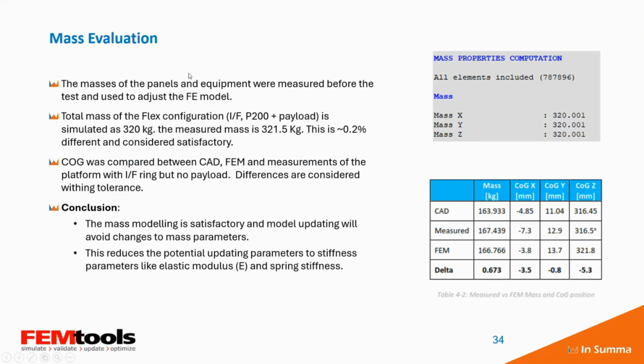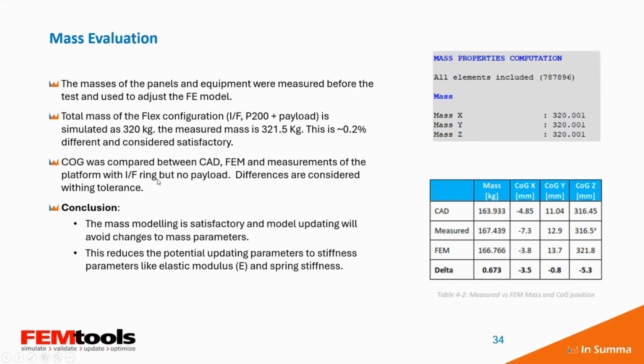Next, we check the mass. From information provided by the customer, the structure was measured and weighs 320 kilograms. The simulation says it is 321. So this is close enough, which indicates that the mass is okay. And then for the center of gravity, we have information about parts of the structure, not the entire assembly.